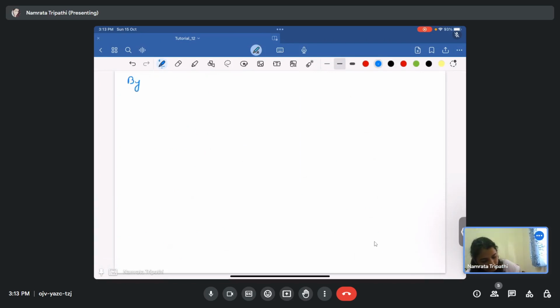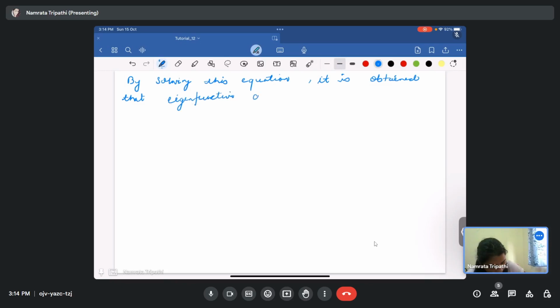We have already seen by solving this problem that the eigenfunctions are obtained as follows.